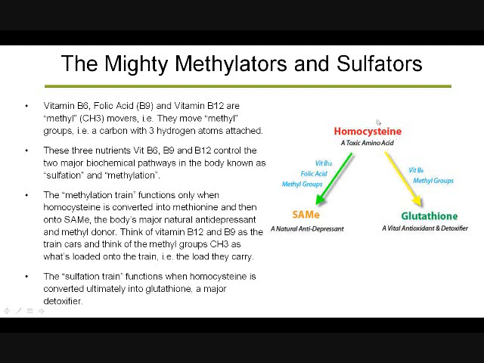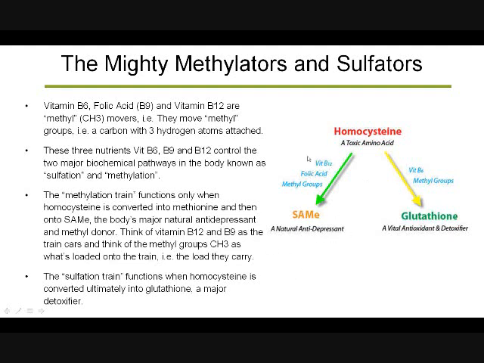This part of the reaction that takes homocysteine into glutathione is called the sulfation train. So we've got two trains basically that are necessary and need to run on their tracks, and that's the sulfation and the methylation. The sulfation because it makes this antioxidant enzyme and detoxifier, and the methylation that creates the SAMe.